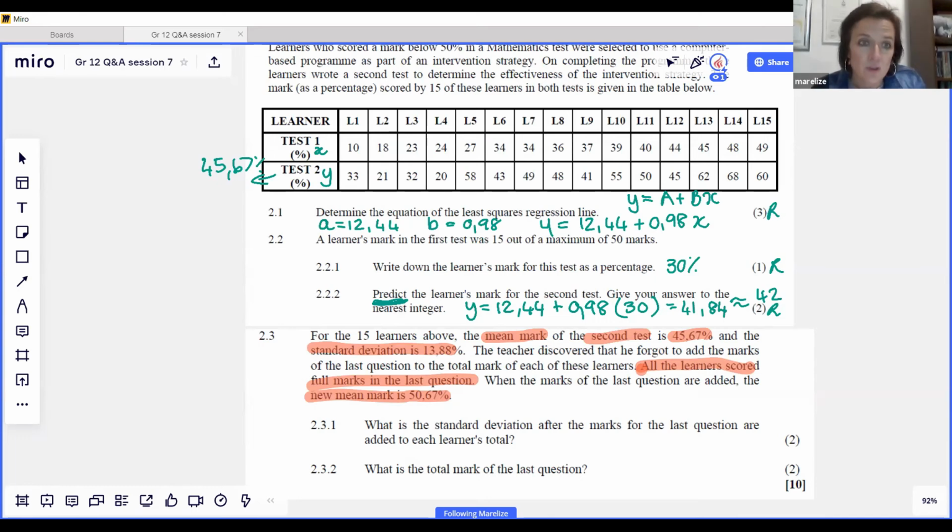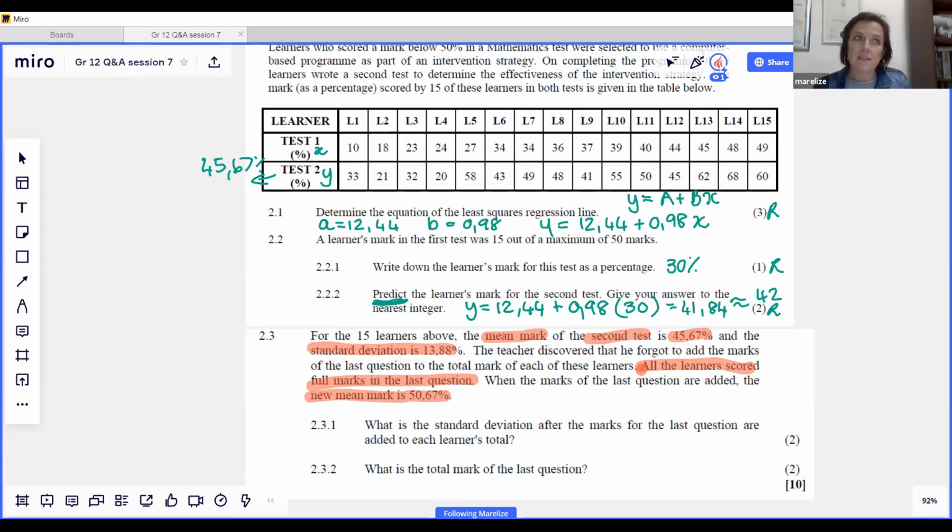He adds all those marks. Everyone gets full marks. So he adds all those marks. And now the mean has gone up from 45.67% to 50.67%. They give us a standard deviation as well, 13.88.